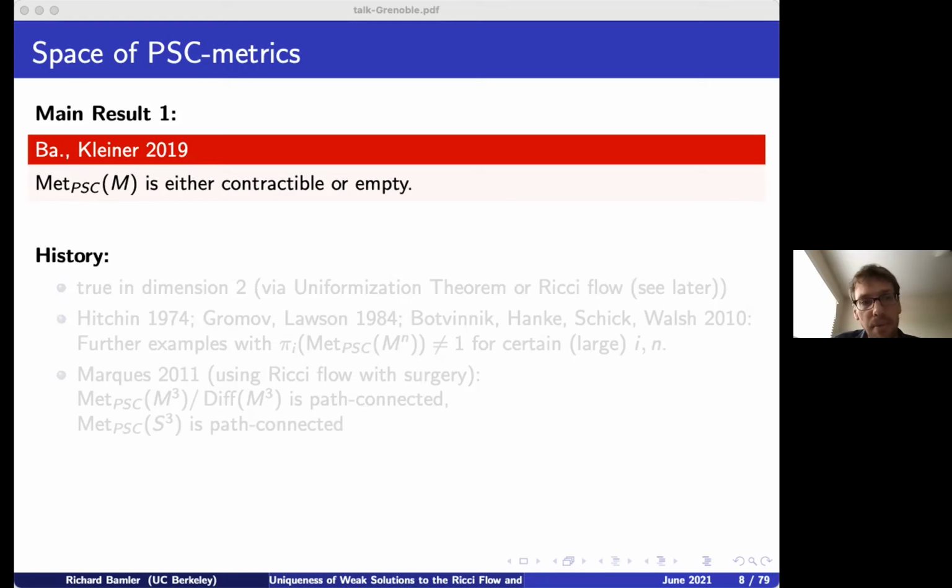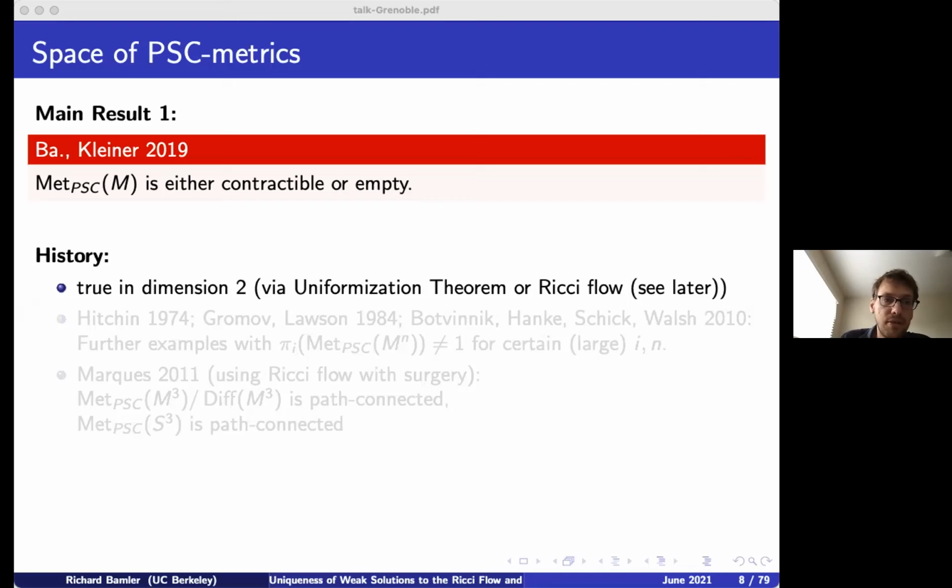And so let me just say a few words on the history of this problem. First of all, this is true in dimension 2, and I'll actually show you a proof of this using Ricci flow in a moment. This will somehow get us started with Ricci flow.